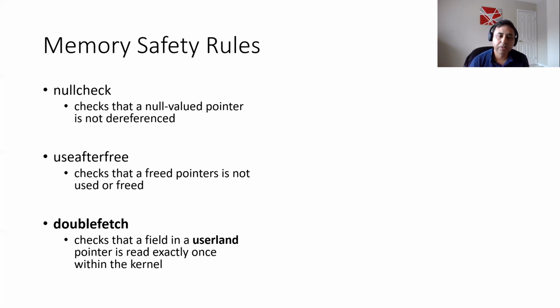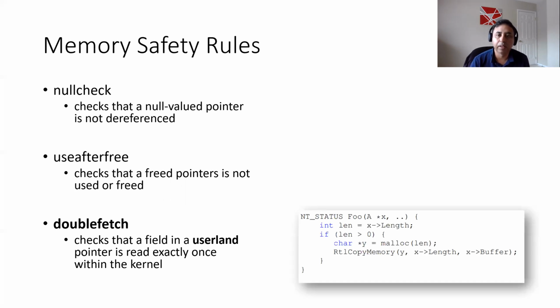If you look at this example, the method foo, which you can think of as a kernel entry point, has a pointer argument x, and it has a field called length. And you can see length is read in two places. First, to get the len itself, and then as an argument to the RTL copy memory.